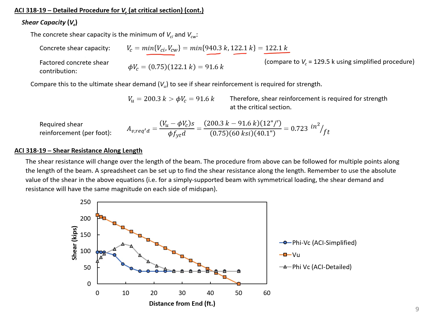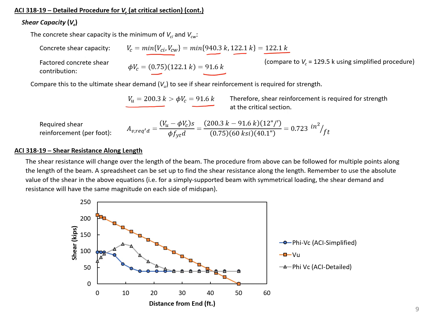We can then factor this VC. So phi VC, 0.75, our resistance factor for shear, times 122.1 will give us 91.6 kips. We can see that this value, 91.6, is less than our shear demand, 200.3. So we need to include shear reinforcement for shear strength at this location.